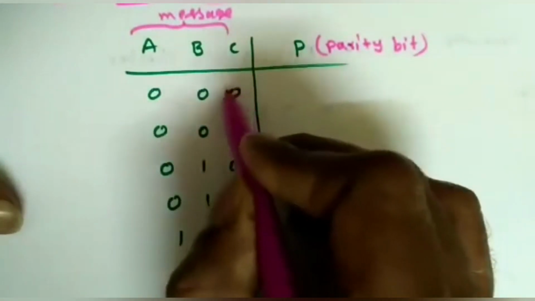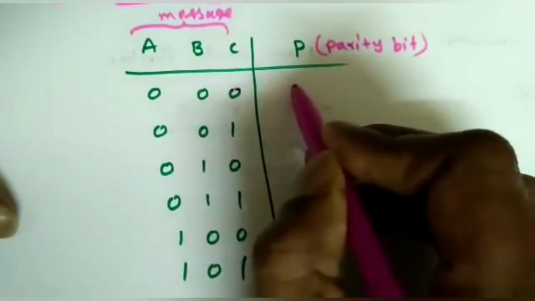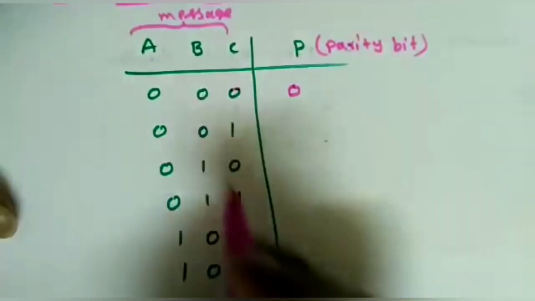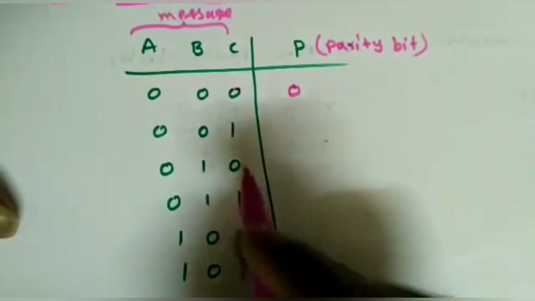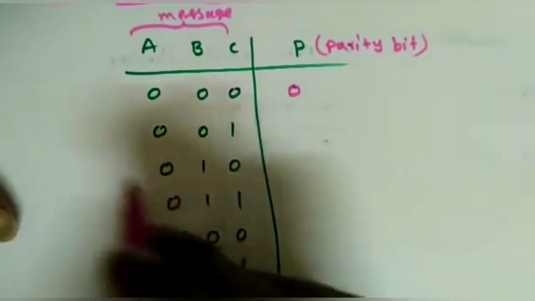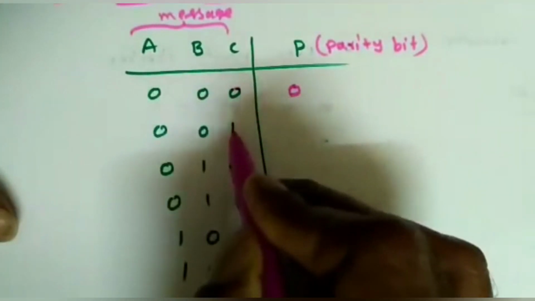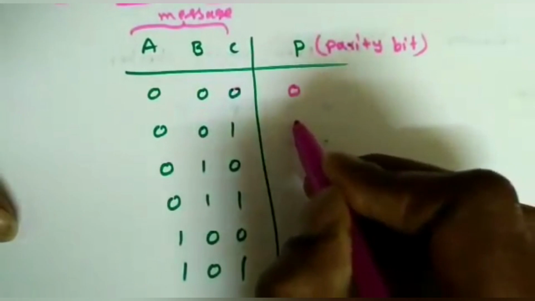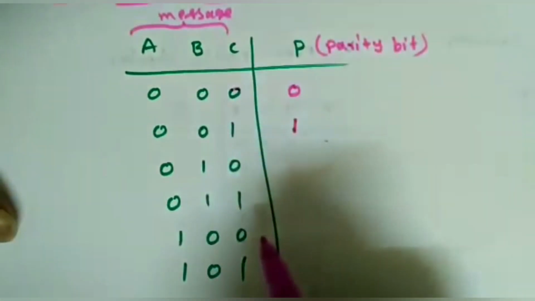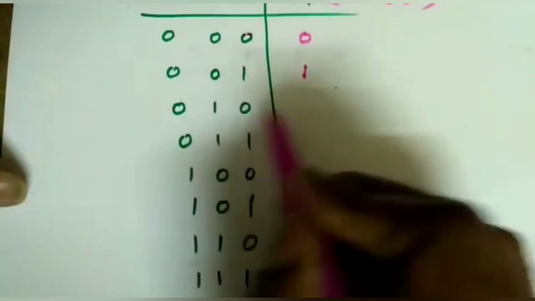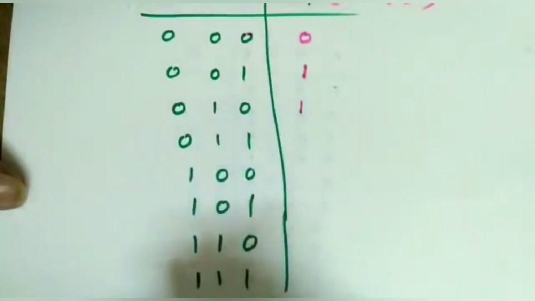These three inputs are 0, so to make it even, we add one more 0. 0 is even parity. Now the second one: how many ones are present in the message? Only 1. To make it even, we need to add one more 1 as the parity bit. Similarly, here the number of ones is odd, so to make it even, add one more 1.